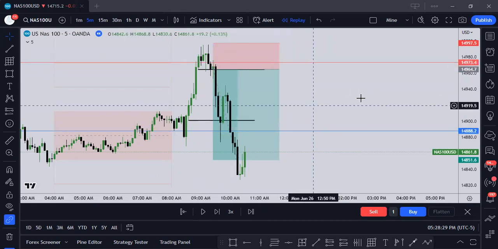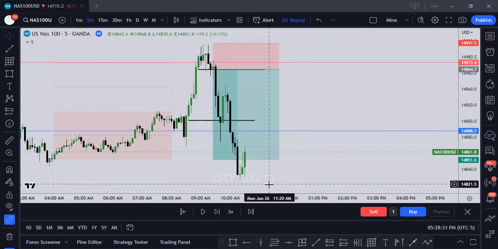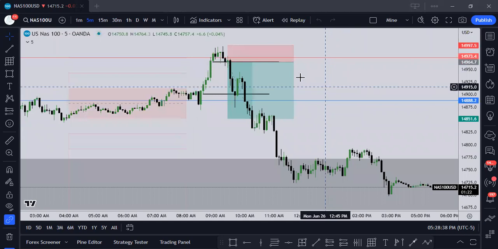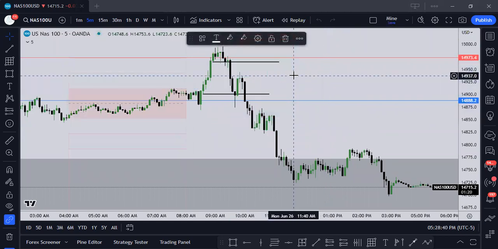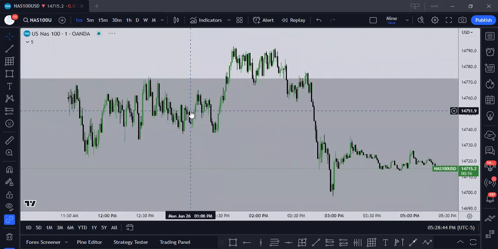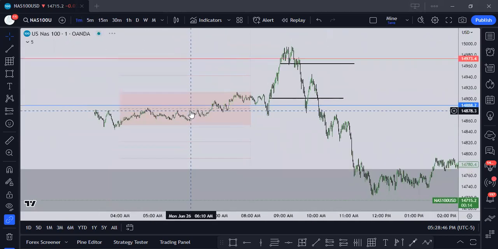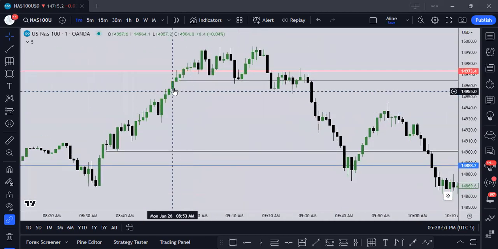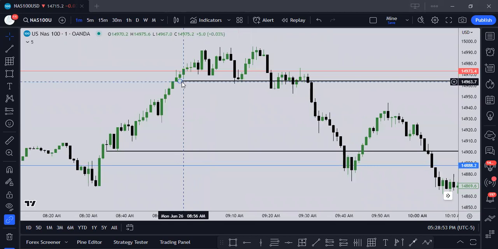Now, typically, I don't do M1 charts, but I am going to outline a little bit of M1 today, just to show how I got my entry. Now, this candle here represents the M5 up candle's low.